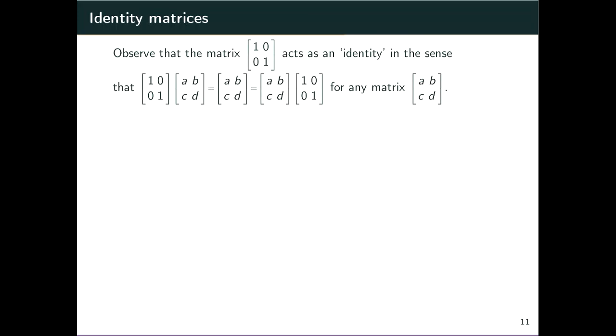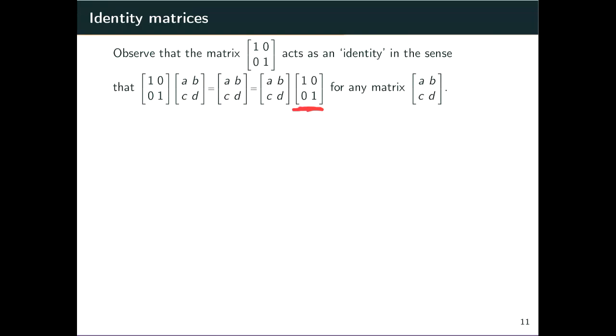So if you have 2 by 2 matrices and you multiply them together, and if you look at this matrix here, which is just 1, 0, 0, 1, so it's 1s on the diagonal and 0s everywhere else, then you'll notice when you do the multiplication that you get 1 times A plus 0 times C, so this is an A, 1 times B plus 0 times D, so this is a B, 0 times A plus 1 times C gives you the C, and 0 times B plus 1 times D gives you the D. So it gives you back exactly the same matrix.